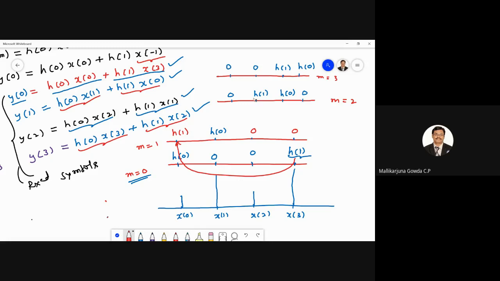Are you getting my point? Then next one, again it is moved here, right? So this 0 has come here, right? Then what happened? This 0 has come here, and this 0 has been shifted. So it is in a circular fashion, is what I wanted to say, right?